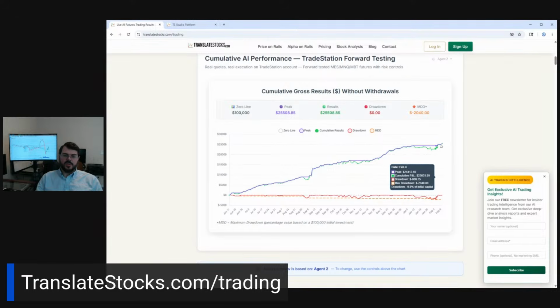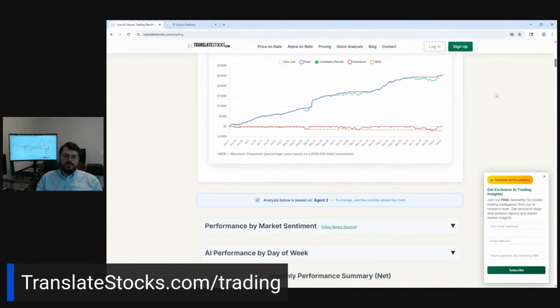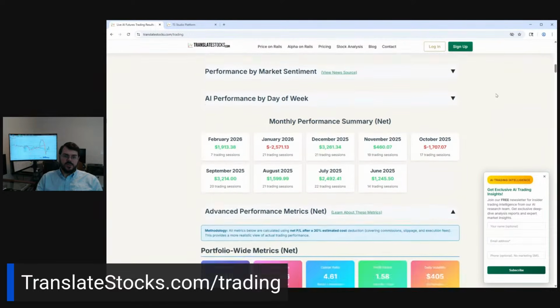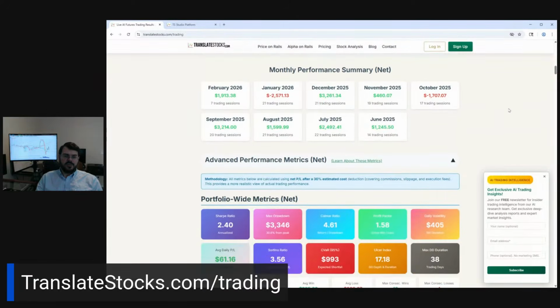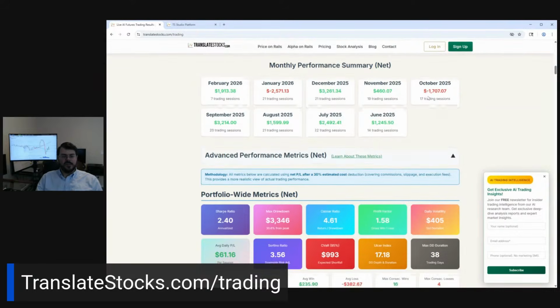Okay, so we have a drawdown in January that was recovered now in February. This is the gross profit chart for agent number 2, and this is the net summary for agent number 2. In the last 8 months we have 2 negative months, January was one of them. The other months are positive. This is the net performance.